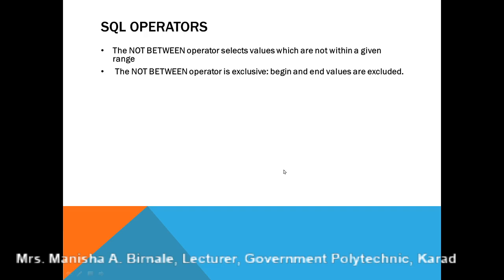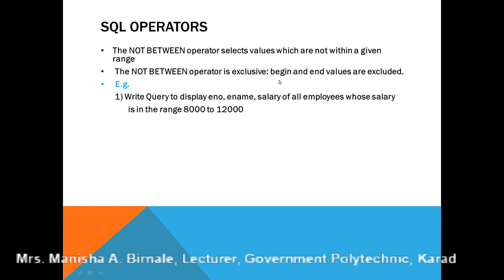For example, you want to display information of students whose marks are not in the range 30 to 50. Then here the student having marks 30 or the student having marks 50, records of those students are excluded from the result. Let us see an example.